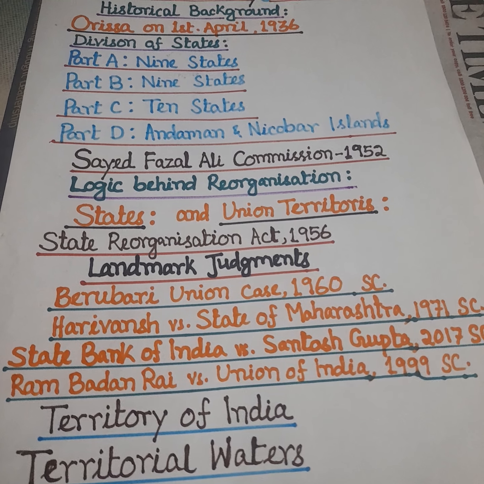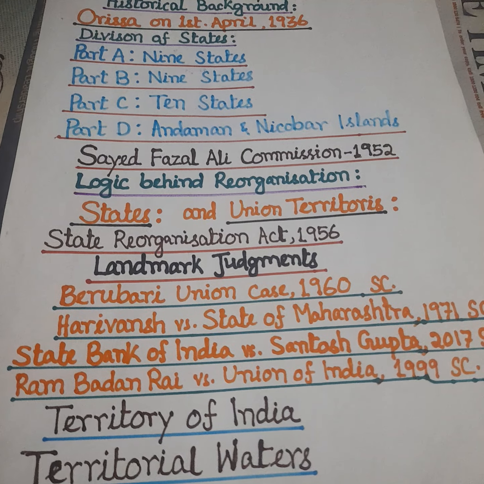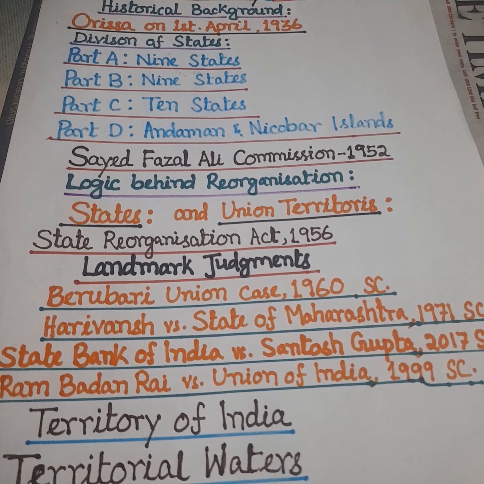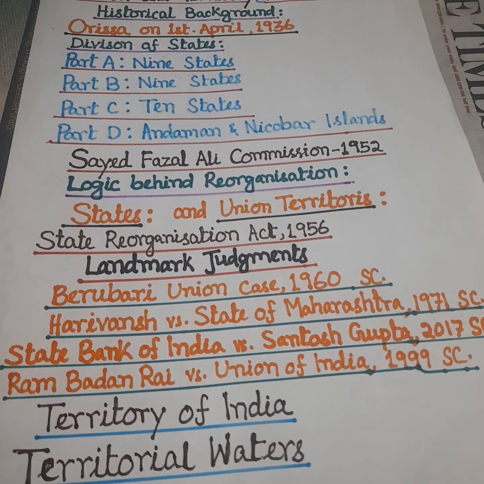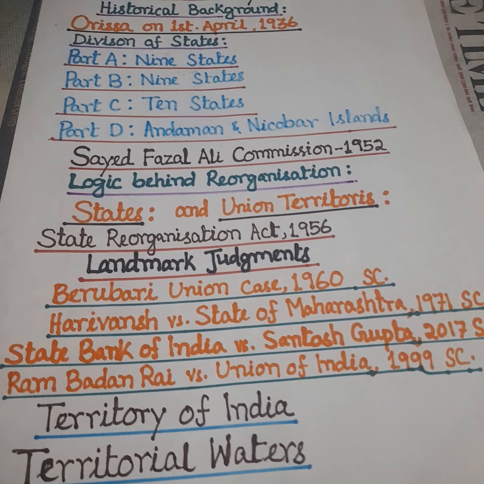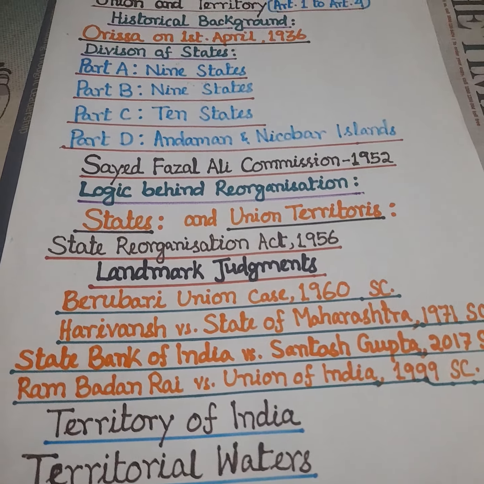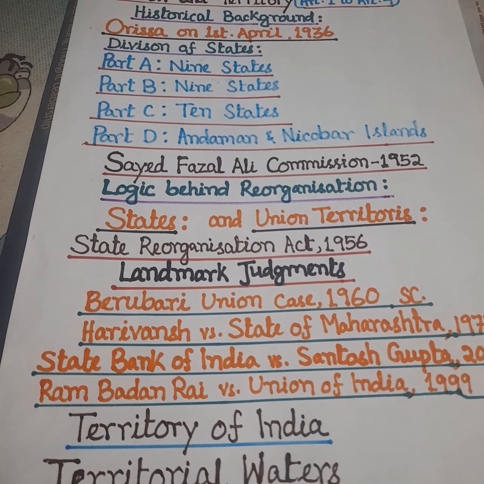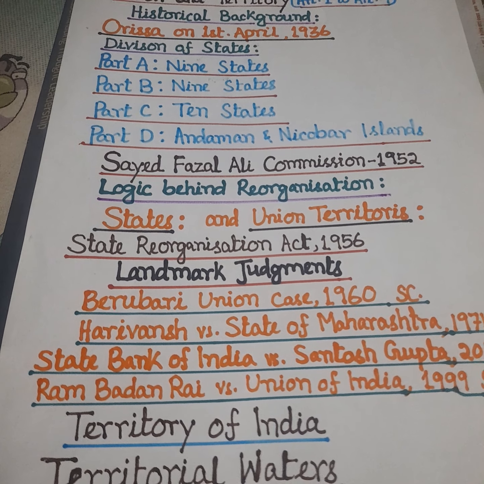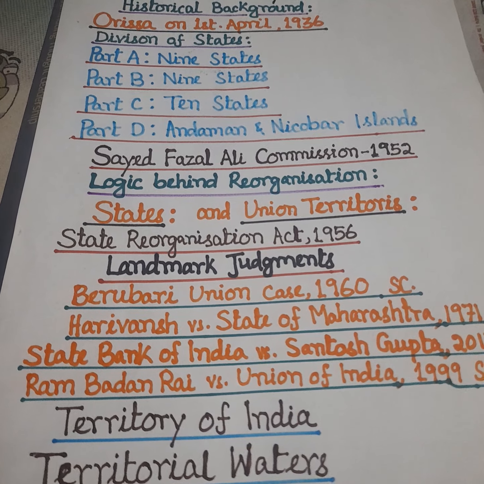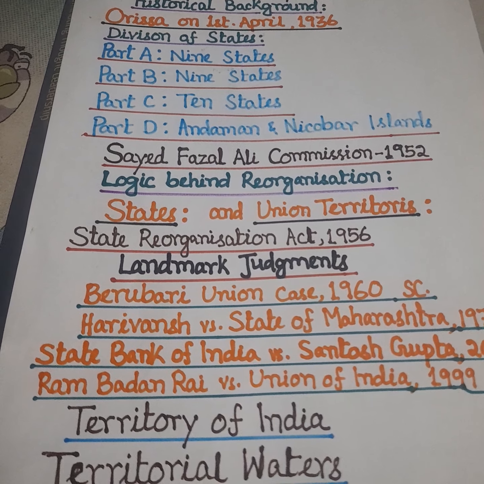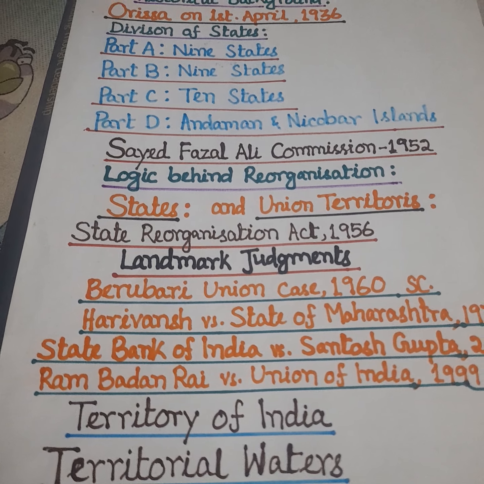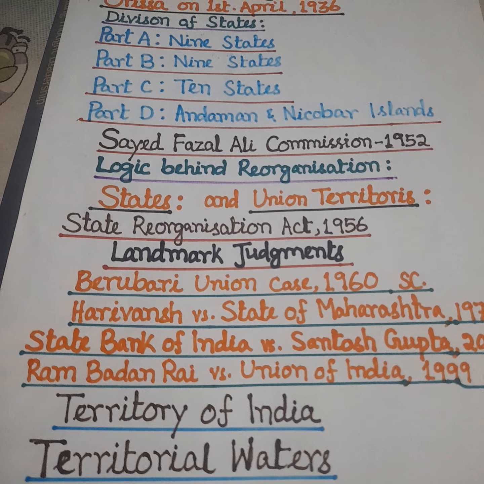After independence, the states in India were divided into 4 divisions: Part A, Part B, Part C, and Part D. Under Part A, there were 9 states: Assam, West Bengal, Bihar, Bombay, Madhya Pradesh, formerly known as Central Provinces, Madras, Odisha, Punjab, and Uttar Pradesh, formerly United Provinces.